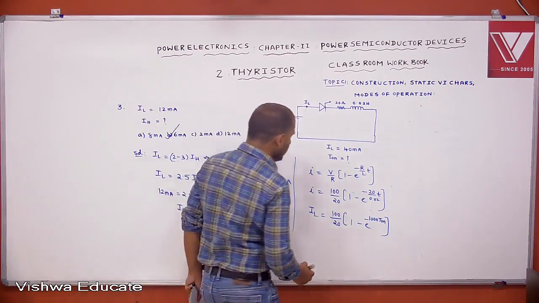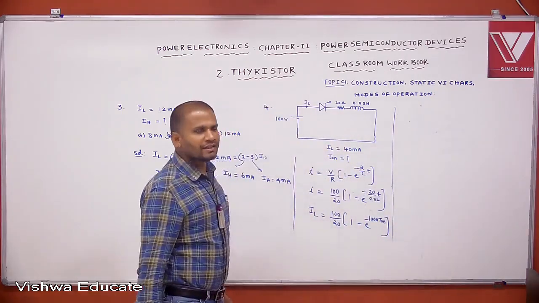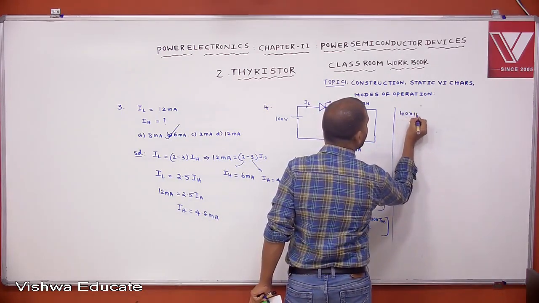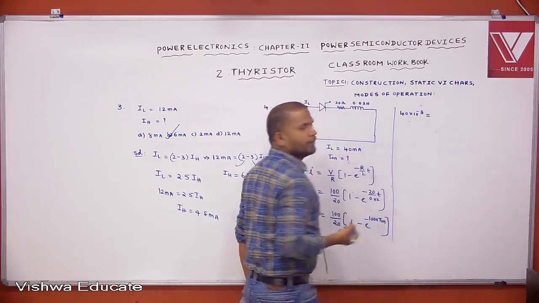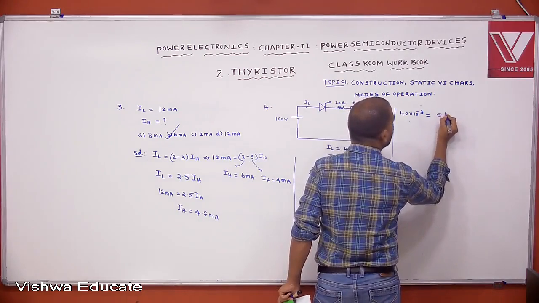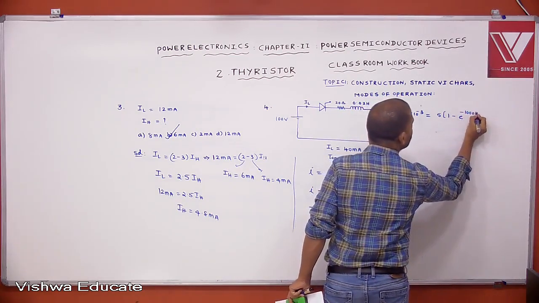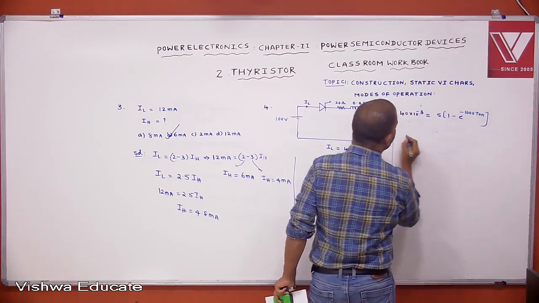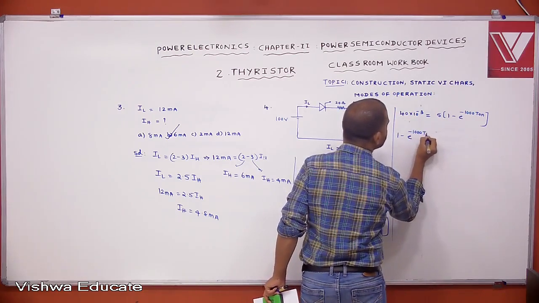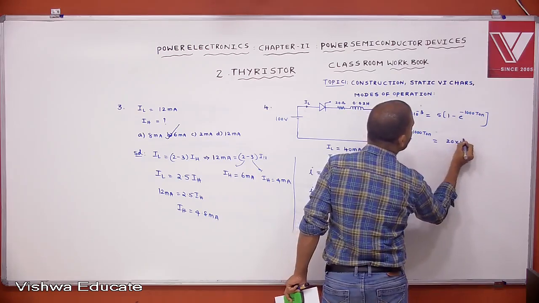Okay. Then what latching current is given? How much latching current is given? 40 milliampere, 40 into 10 to the power of minus 3. This is 5 into 1 minus e power minus 1000 T on. Then 1 minus e power minus 1000 T on is equal to 20 into 10 to the power of minus 3.